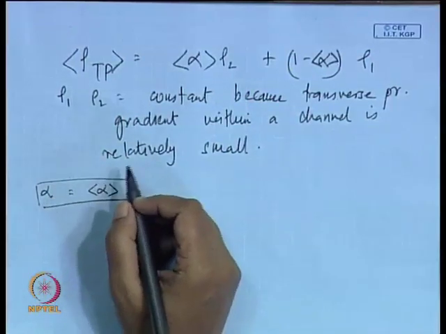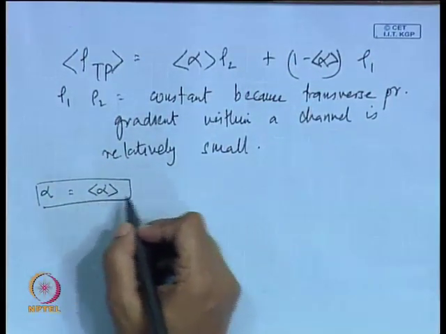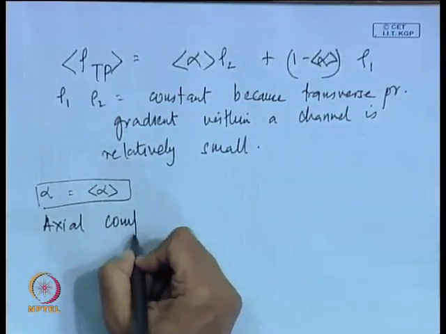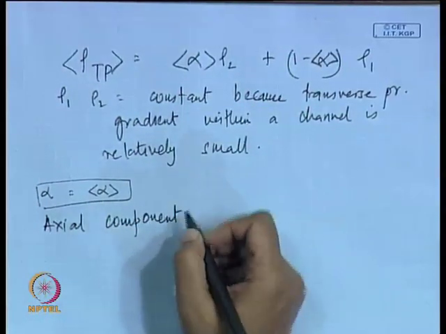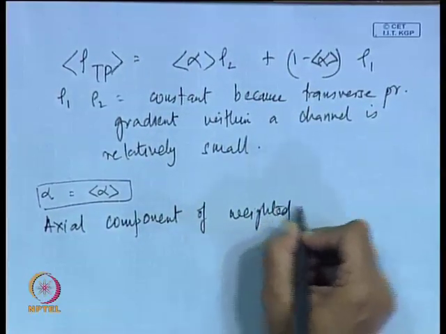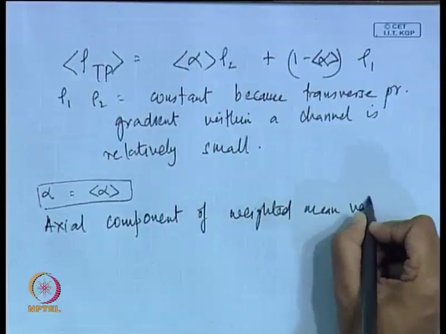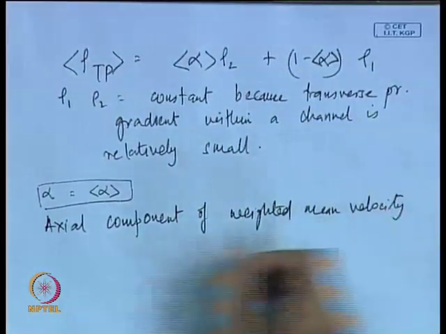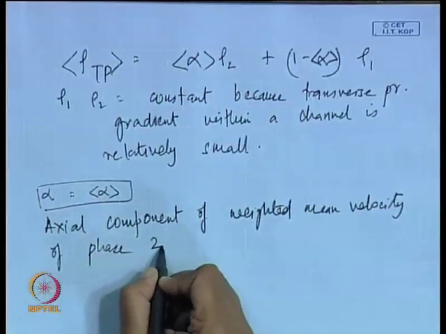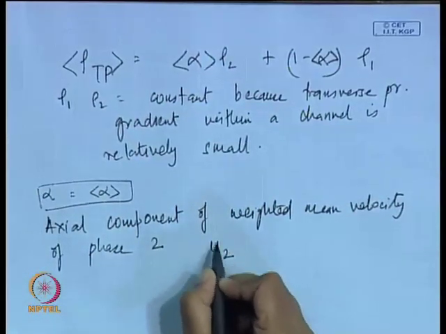In the same way, we find the axial component of the weighted mean velocity. Suppose the U2, axial component of weighted mean velocity of phase 2. So, this is going to be U2 bar.